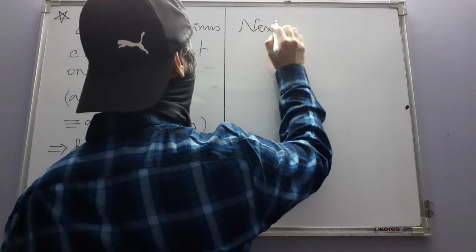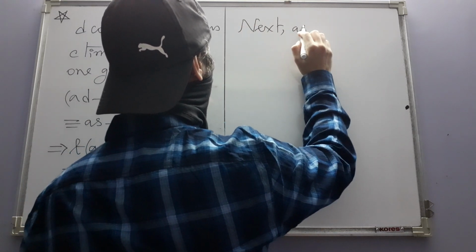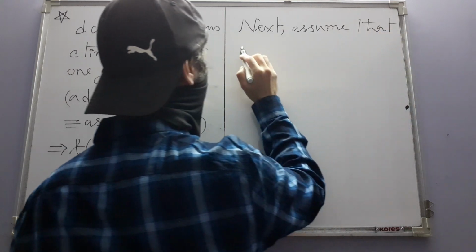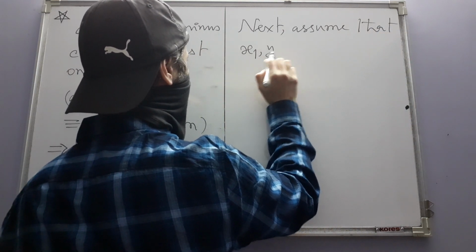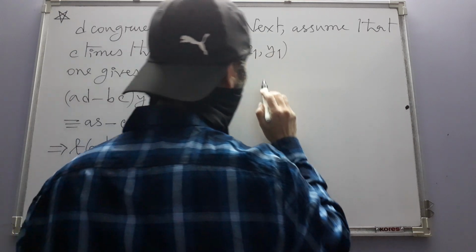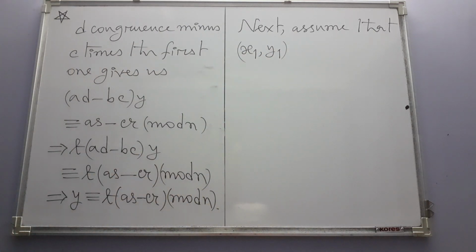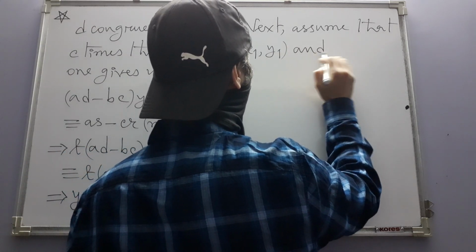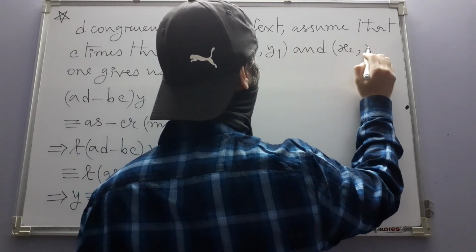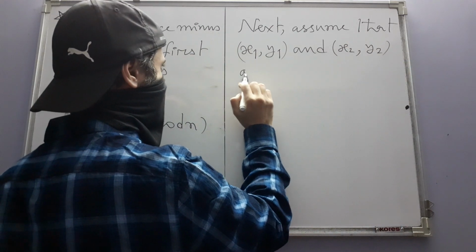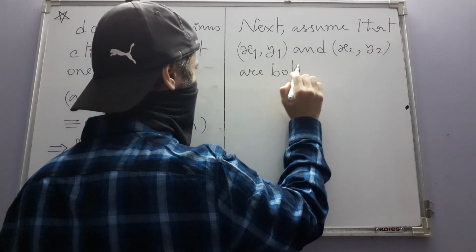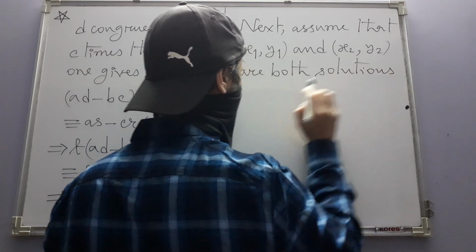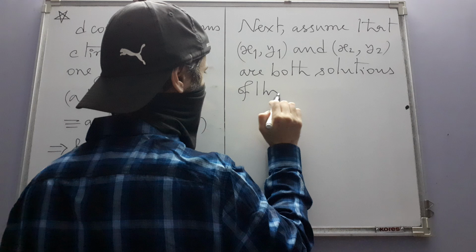Next, assume that x1, y1, let me write a solution as an ordered pair, and x2, y2 are both solutions of the given system.